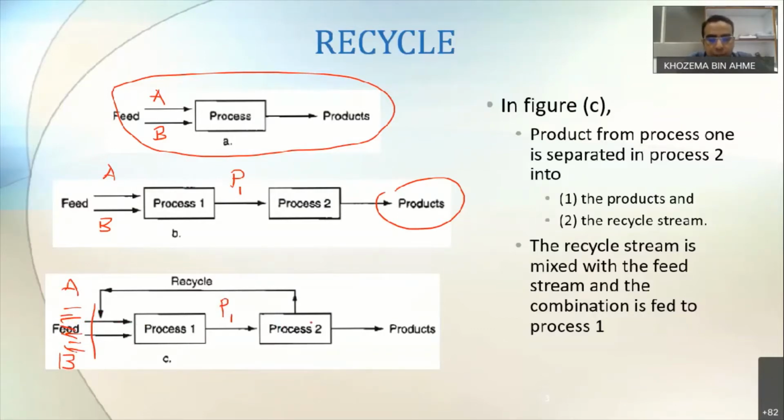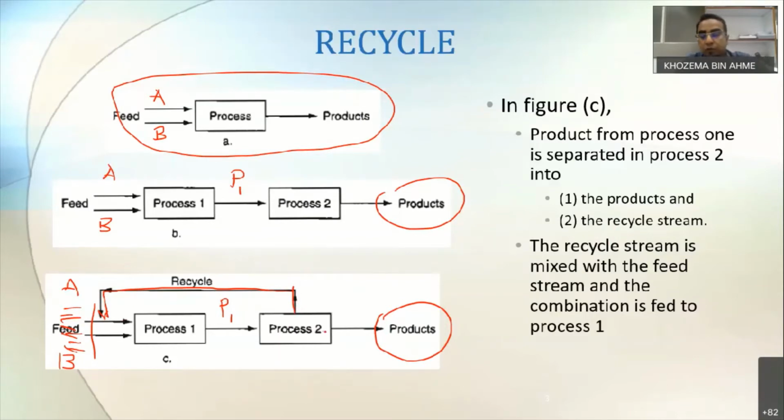In process 2, when you have recycle, the product from process 1 is separated into the product, which is what you want, and into a recycle stream. So this is your recycle stream. As we define, a portion of your product is recycled back into your feed. So this is the definition of recycle.